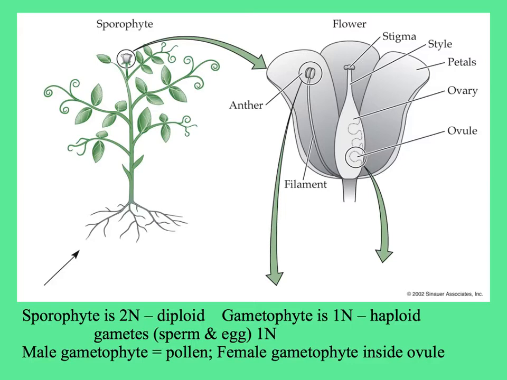So the flower is a specialized short shoot of a plant. Here it is in close-up, and all of these organs of the flower, the sepals, the petals, the stamens, carpels that make up the pistil, the female part of the plant, they're all modified leaves.